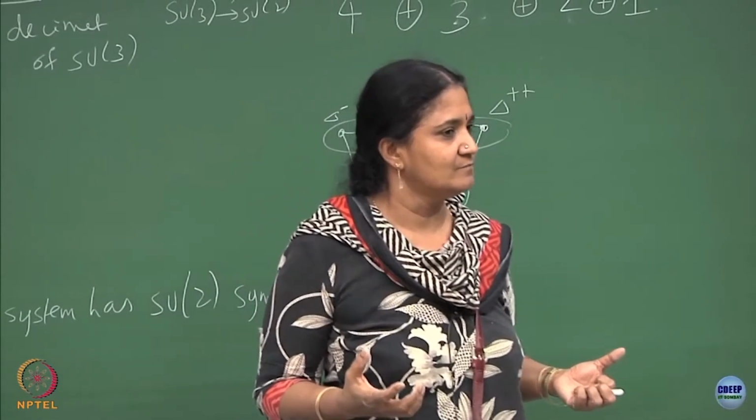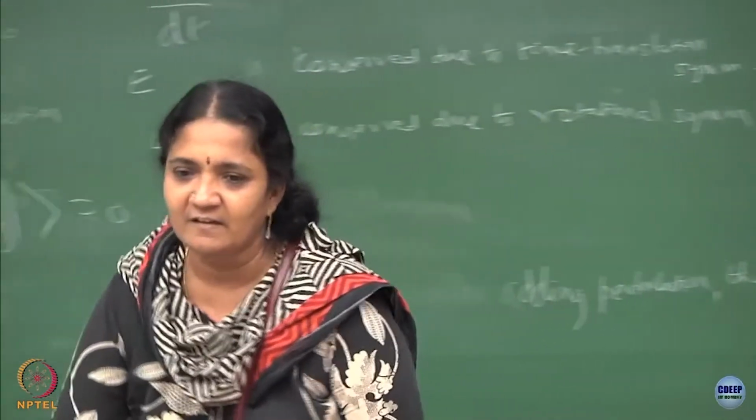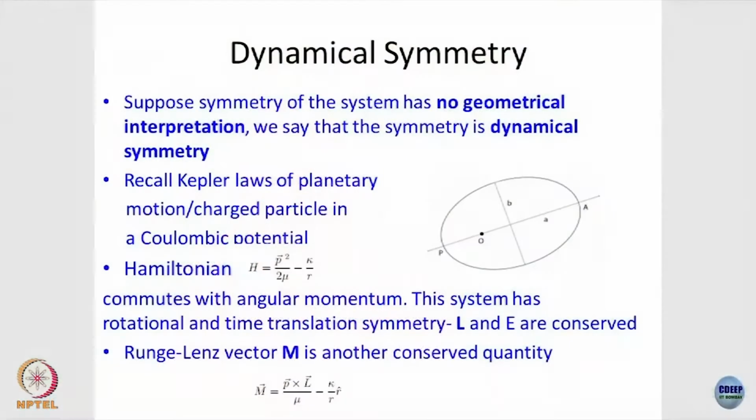In fact, this vector will be directed along O to P, where P is the perihelion. And this vector, as the planet undergoes its revolution, is also moving. So, it is curious to see that that vector is a conserved quantity or a constant of motion.